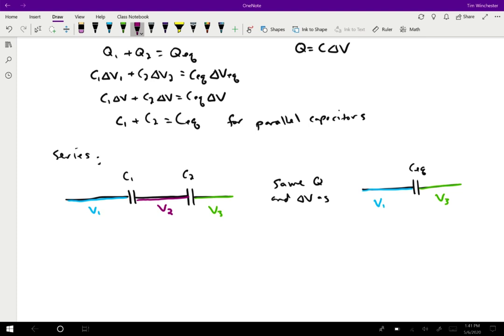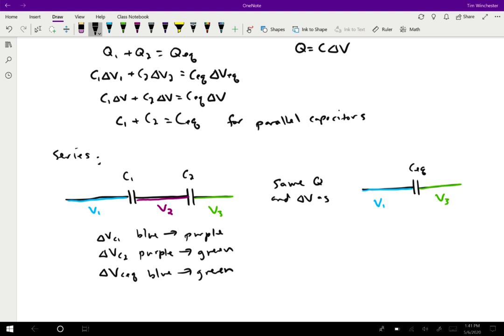I simply don't know. But what I do know is that delta V across C1 is going to be from blue to purple. And delta V across C2 is going to be from purple to green. And then delta V across C equivalent is going to be from blue to green, because that's the way that I drew it.